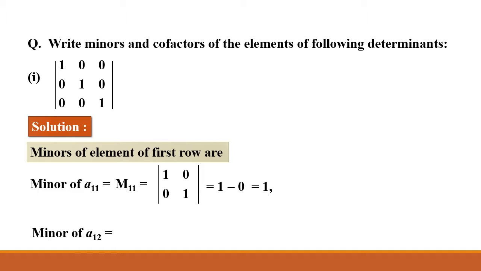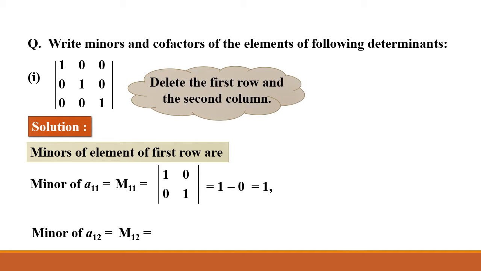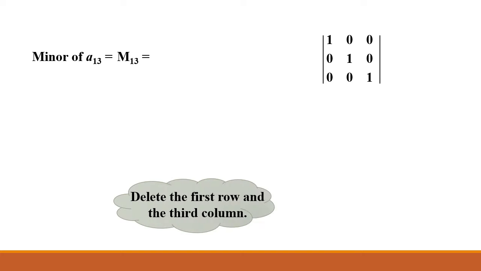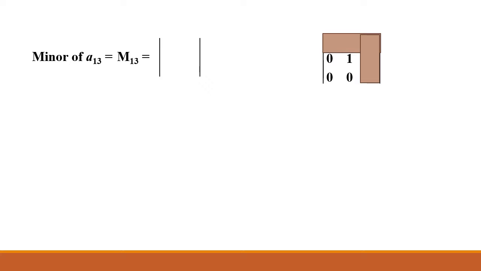So we get 1. Similarly, minor of A12 will be equal to M12, which is obtained by deleting the first row and the second column. So the determinant is 0 0 0 1. So 0 minus 0 is equal to 0. Next, minor of the first row third element is equal to the determinant 0 1 0 0, which is equal to 0.